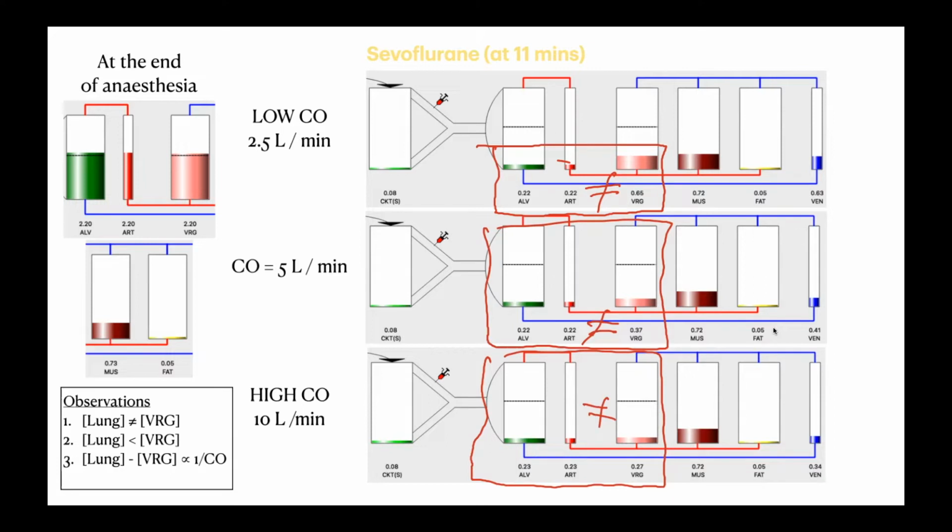Now, the other thing to note is that the pressure in the lung is always less than the pressure in the vessel rich group. In other words, if you see someone with an alveolar pressure of 0.6, right? It doesn't mean that their brain is 0.6.